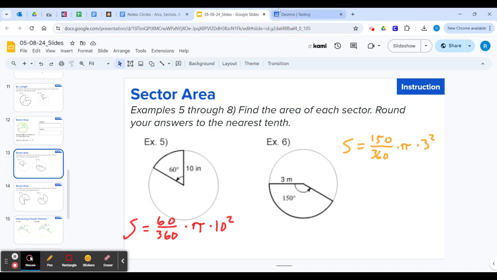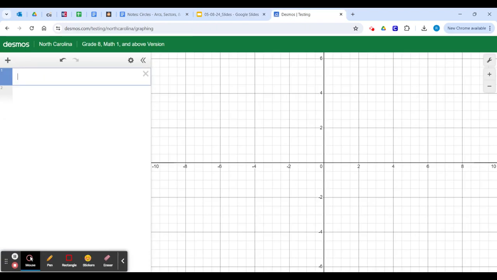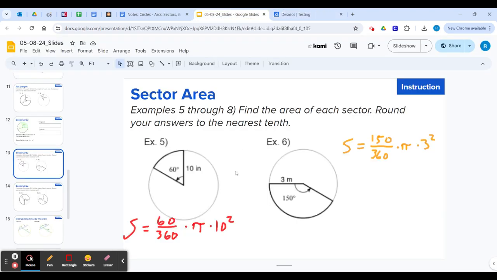So I go back, let's do that calculation for the first one. I have 60 over 360 times pi times my radius is 10 to the second power. That gives me 52.4. And in this case, since we're finding area with inches, our units are going to be inches squared, 52.4 inches squared.